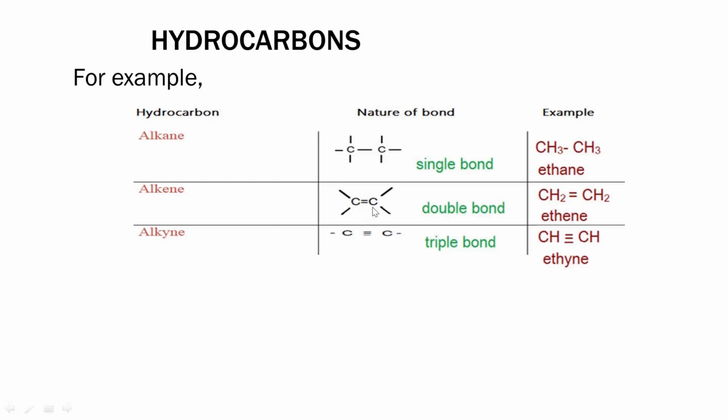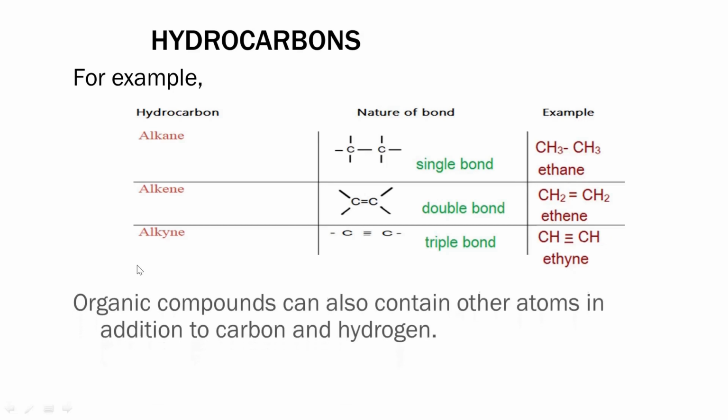If we see a double bond between the carbons, we call it an alkene. And if there is a triple bond between the carbons, we call it an alkyne. Ethane is an example of alkane, ethene is an example of alkene, and ethyne is an example of alkyne. That is about hydrocarbons.